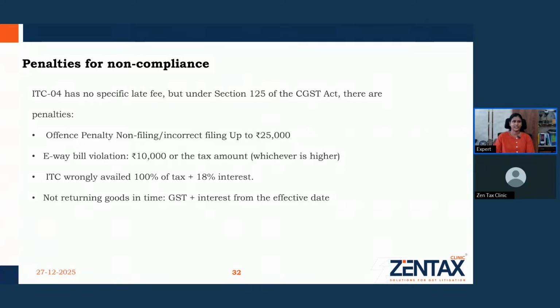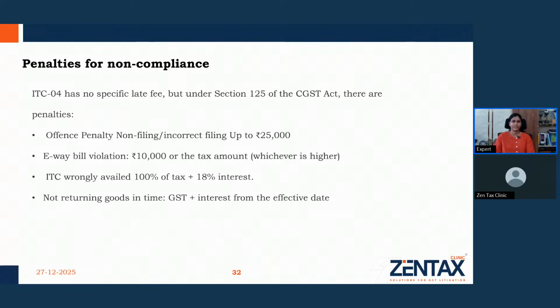If there is any e-waybill violation while sending the goods on job work, the penalty can be 10,000 or the tax amount involved, whichever is higher. If the person has wrongly availed ITC, then the penalty can be 100% of the tax plus applicable interest.